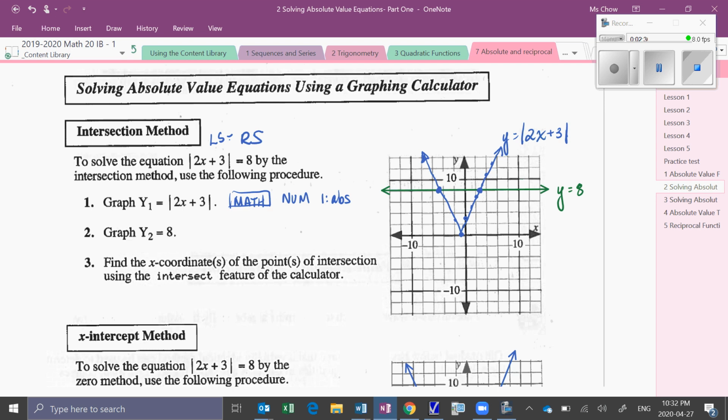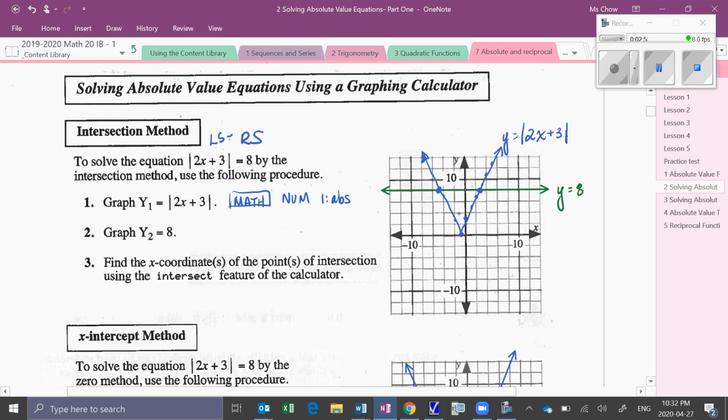If we were to talk about our piecewise function, we would say for the domain of x less than negative 3/2, the graph looks like negative 2x minus 3, and for the subdomain of x greater than negative 3/2, we've got the graph that looks just like y equals 2x plus 3.